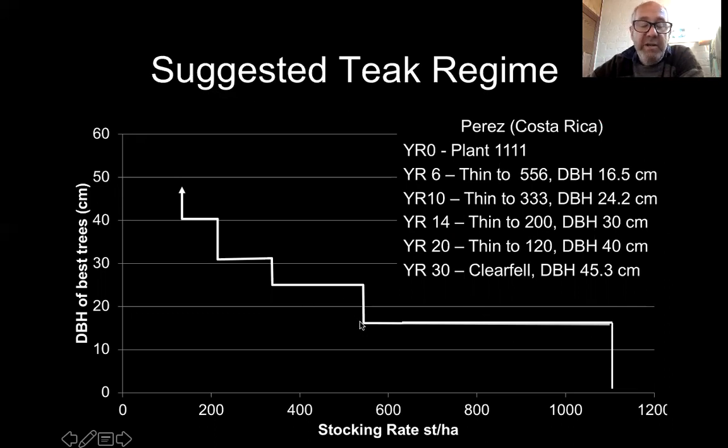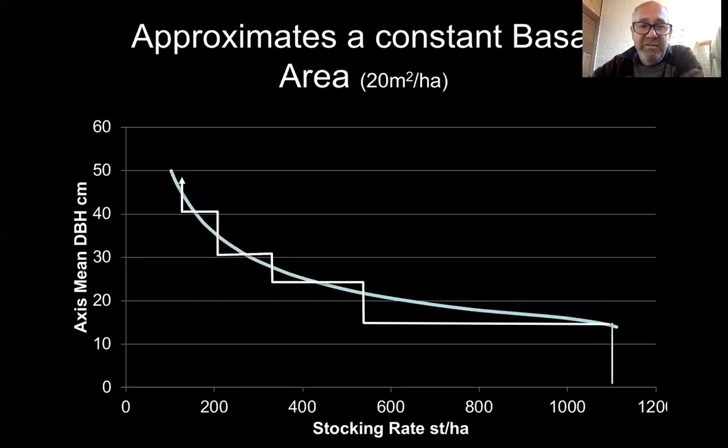Even if you can't get any product from that, it's worth cutting down half the trees, because these trees will then grow faster up to 25 centimetres, and then half again almost, and then you're progressively coming down to this small number of trees, around 100 to 120 trees that'll be average 50 centimetres in diameter. And because you've done the thinning earlier, before the competition becomes intense, you can get there much quicker than you do if you behave like a native forest and allow the trees to kill themselves over time.